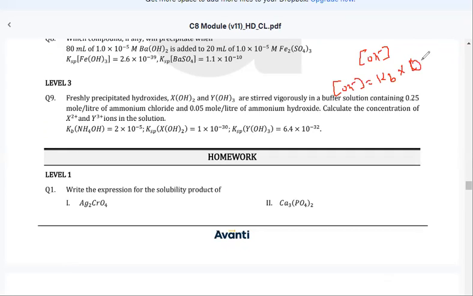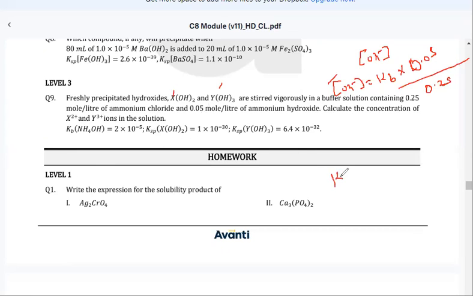So the base by salt concentration is how much? 0.25, and Kb is also given. Kb is 2 into 10 to the minus 5. Can you calculate the concentration of OH minus? Yes or no? So obviously, if you get the concentration of OH minus, you can easily calculate the solubility of X and Y. Yes or no? Tell me, guys, are you getting it?